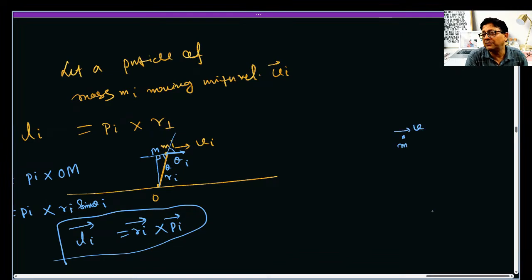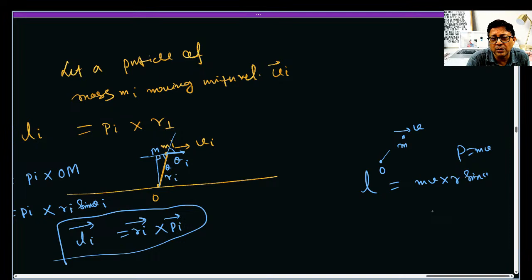Mass m going with velocity v. Then p is what? mv. So angular momentum L is what? mv into r sin theta. What is r? You have considered about this point O. Same thing for a single particle.